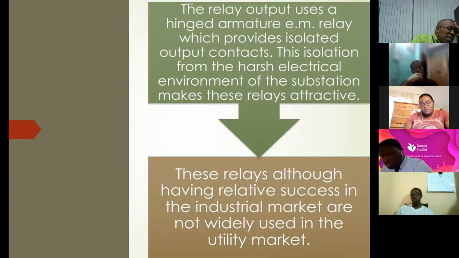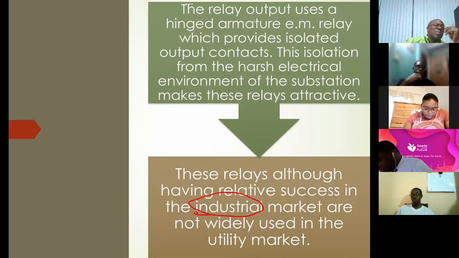So you're going to find these mainly in a factory setting. They are good enough. And as a matter of fact, many of these relays, when they came into the current utility, they didn't last very long. They came in and went very quickly because they were replaced by what is now there, which are your digital relays.